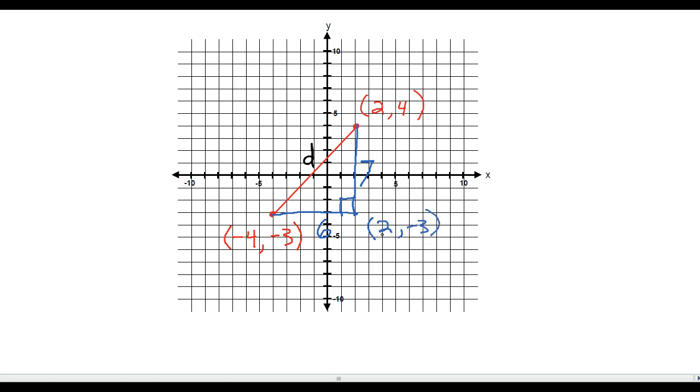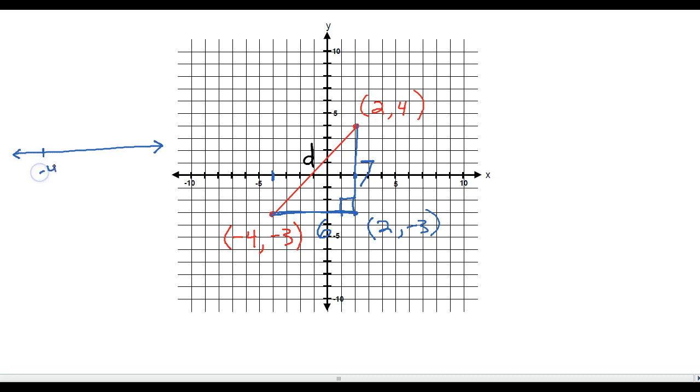So if I look at the x-coordinates, at this horizontal line right here, and I want to find how long that is, think back to when we had a number line and we wanted to find the distance between two values. Look along the x-axis here. I want to find the distance from -4 up to +2.